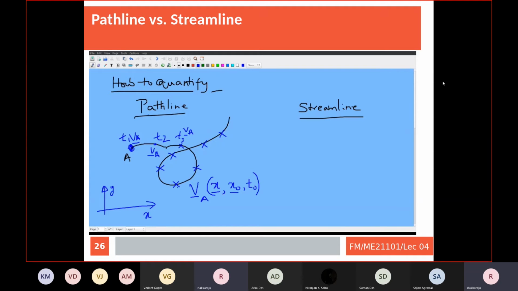This is the way we note, quantify, and represent the path line traced by a fluid particle in terms of its velocities, which is equal to dxp of that fluid particle A by dt.